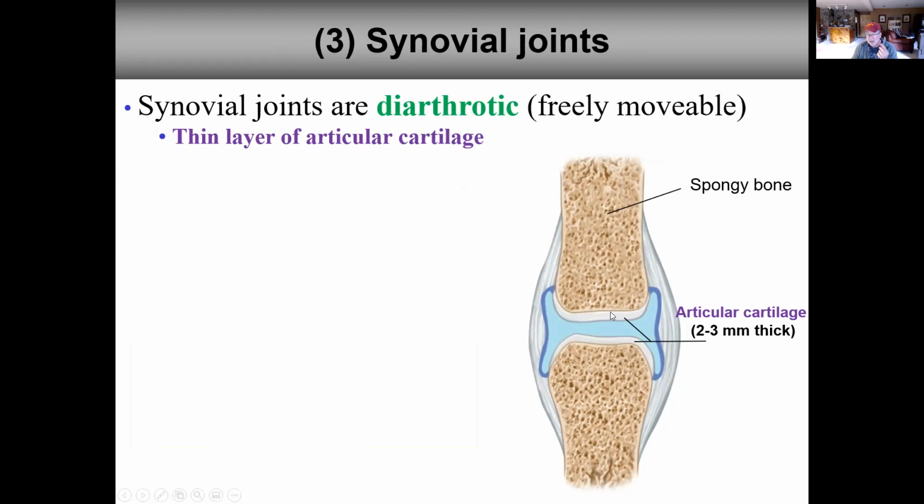Now, if we're talking again about phalanges, it might be 1 millimeter thick. It just depends upon the size of the joint. But if we're looking at femur tibia, it's going to be several millimeters in thickness. Now remember, this is the only part of a long bone where we have cartilage, because the remaining part of long bones, in terms of the diaphyses and metaphysis, would be covered by periosteum.